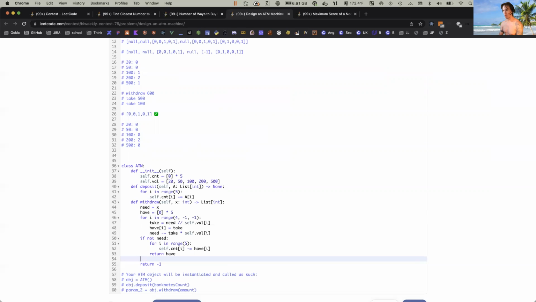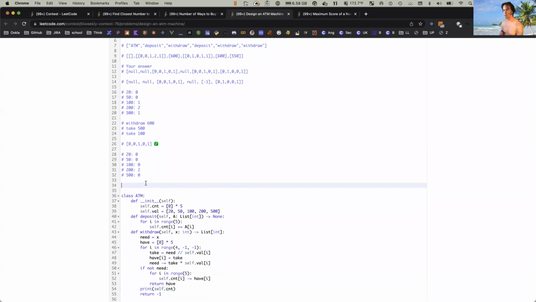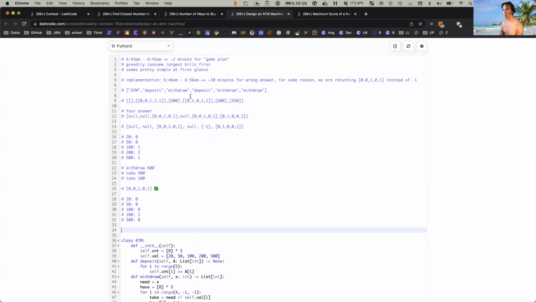Okay, and in this case, we will print sub.count for it. So after that, okay, so that's what that is. And then we're going to deposit this guy.